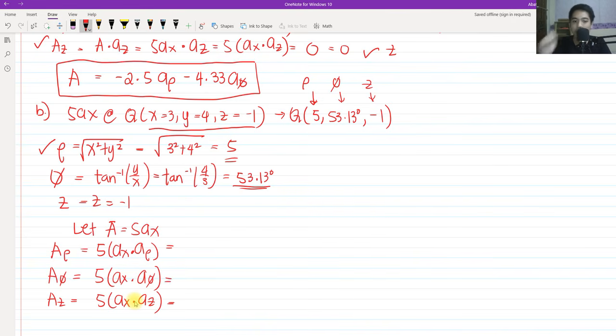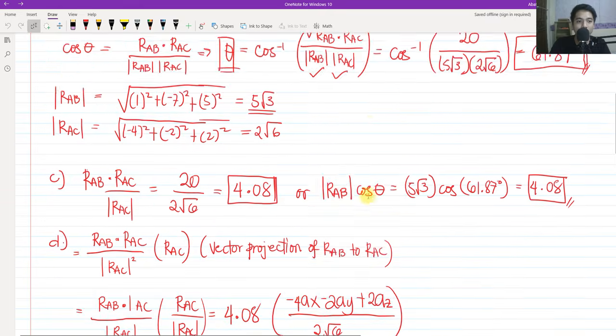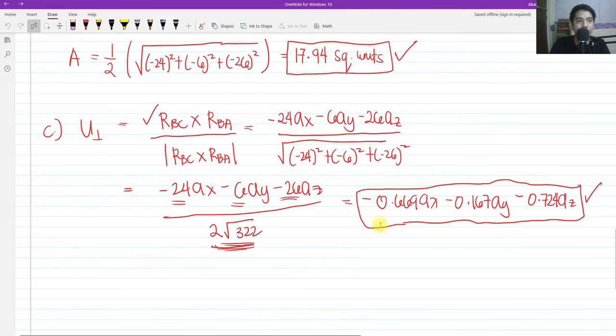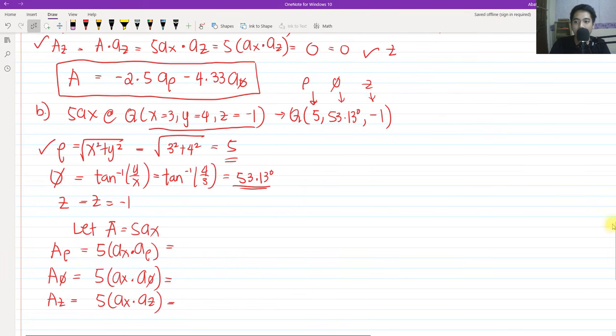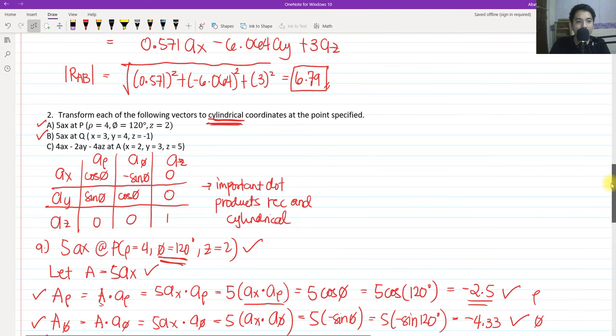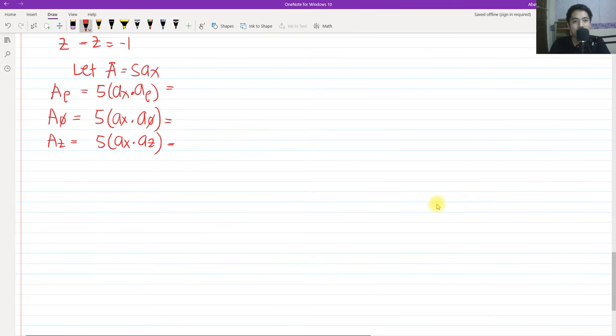So if we go back to our table, a_x dotted by a sub rho would be cosine of phi. So this would be 5 cosine of phi. This would be 5 times negative sine of phi.